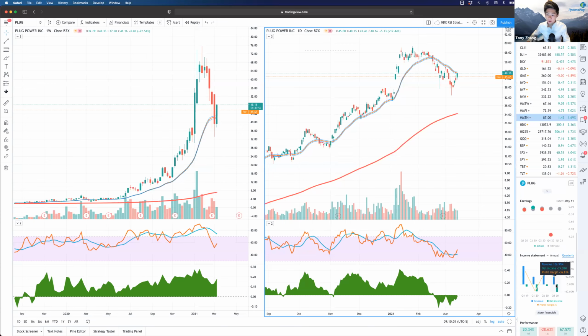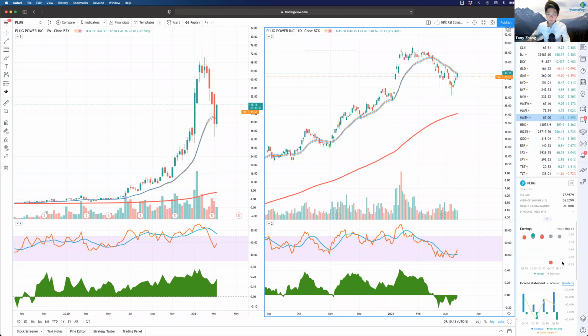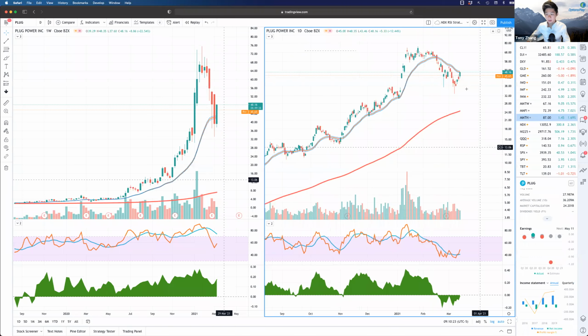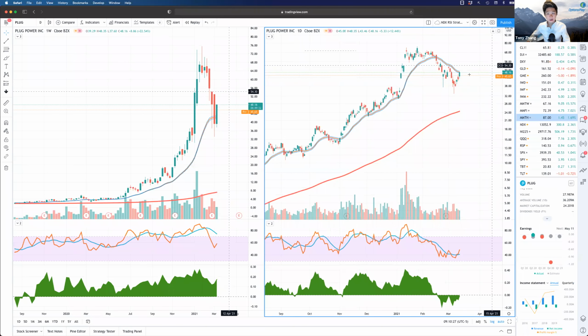It's certainly not profitable, but you certainly have very strong revenue growth quarter over quarter to support this rich valuation that we're currently trading at, which is almost 100 times sales. Actually, a little less than that, probably closer to 60 to 70 times sales, but still a very rich valuation. But as you can see, it's just shy of breaking above that 21-day moving average.